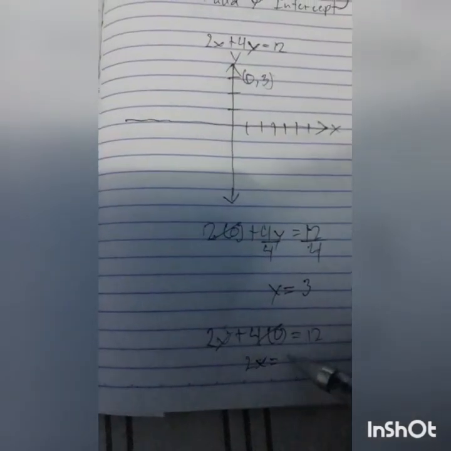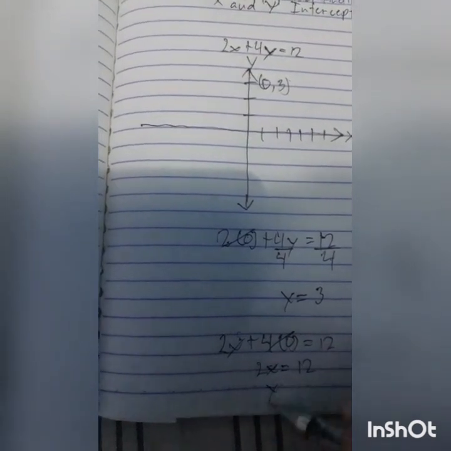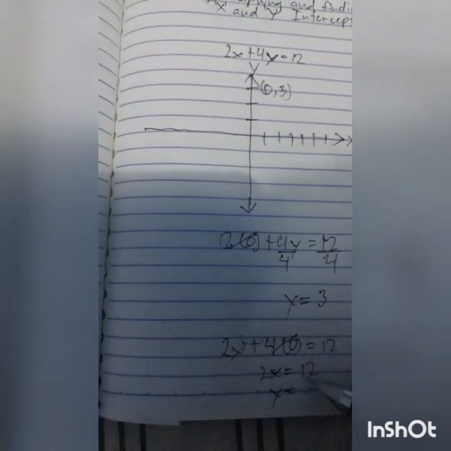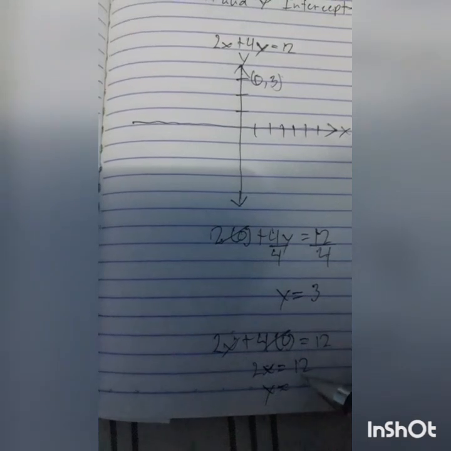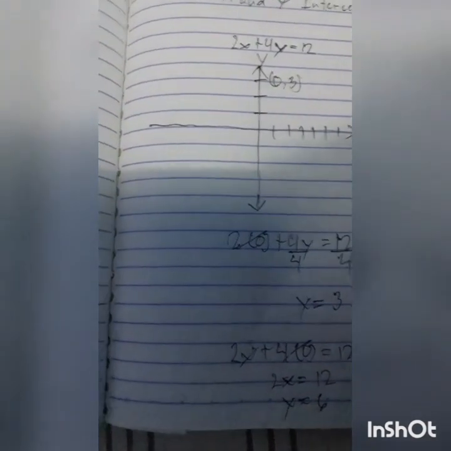Now bring down 2x equals 12, so x equals 12 divided by 2 equals 6. So we find that our x-intercept is (6, 0).